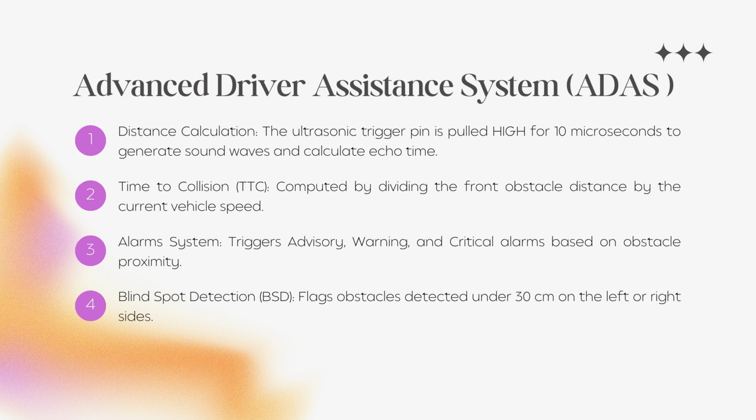If a front obstacle is less than 50 centimeters away, we issue an advisory warning. If it drops below 20 centimeters, it escalates to a critical alarm. Additionally, if the side sensors detect anything under 30 centimeters, we trigger blind spot detection warnings.